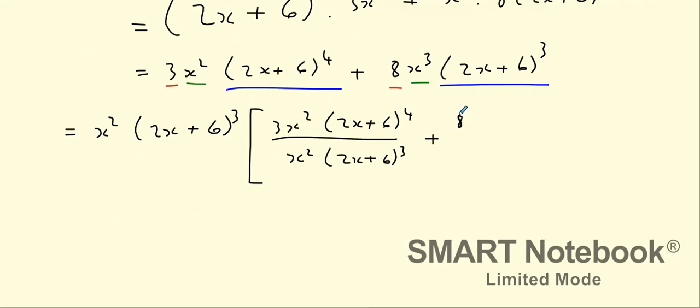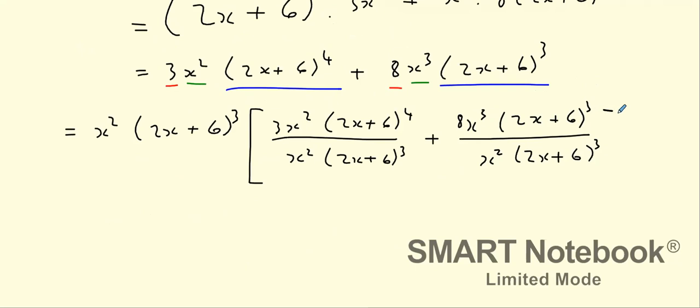What have I got next? 8x cubed (2x + 6) all cubed all over the highest common factor that we worked out earlier. So now x squared cancels out. This cancels out with this.